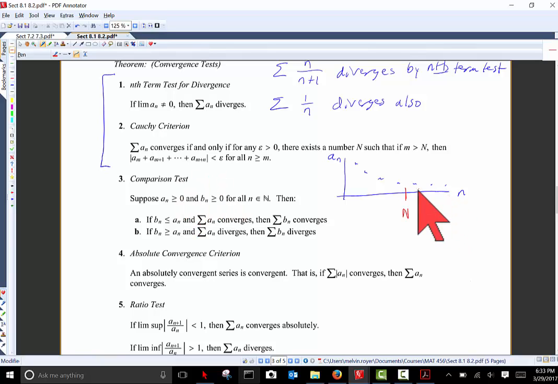And now if I go out farther and pick up a bunch of terms, the terms between m and m plus n. So I'm picking up n terms, and I'm doing that arbitrarily far out in the sequence. The sum of those terms has to be small. In other words, this tail has to be dropping down to 0, and it has to be dropping down to 0 rapidly so that this is true for any positive epsilon. And we'll stop there. Thank you.